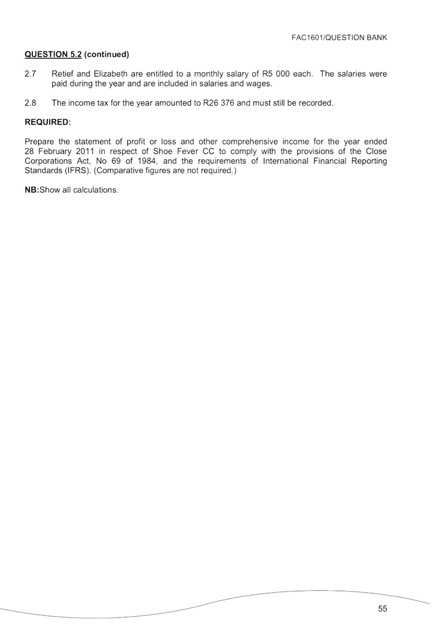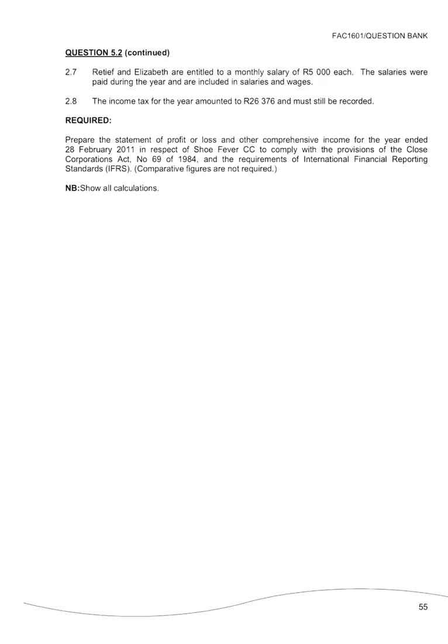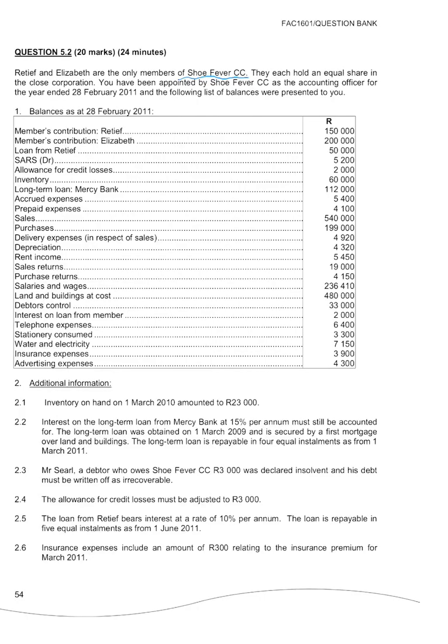Comparative figures are not required. Show all your calculations. So if they say prepare the statement of profit or loss, we first see the things. We've got revenue, sales are there, purchases are there.